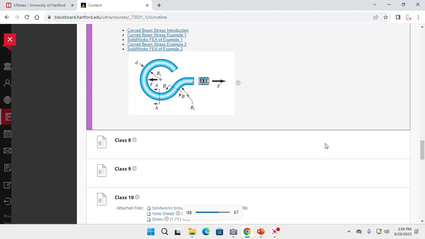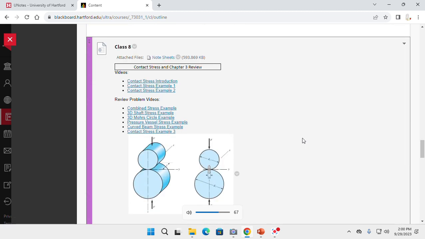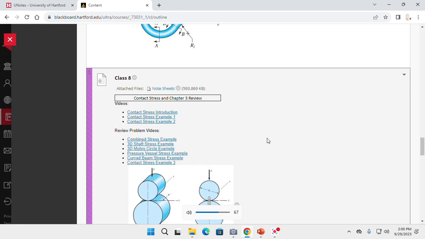Whether we have the curved beams as 7, and then I think 8 was contact stress. I don't think I'm going to be asking any contact stress. If I did, it would probably be on the final exam, just because I was feeling like a jerk. What I would be measuring is your ability to relearn something, which is a really important skill set, because you will forget everything that you don't use.